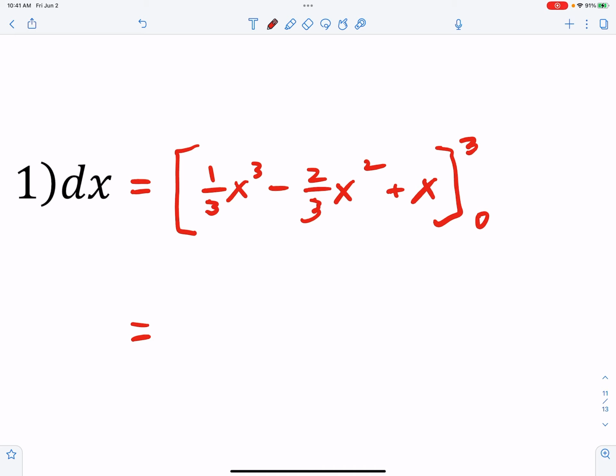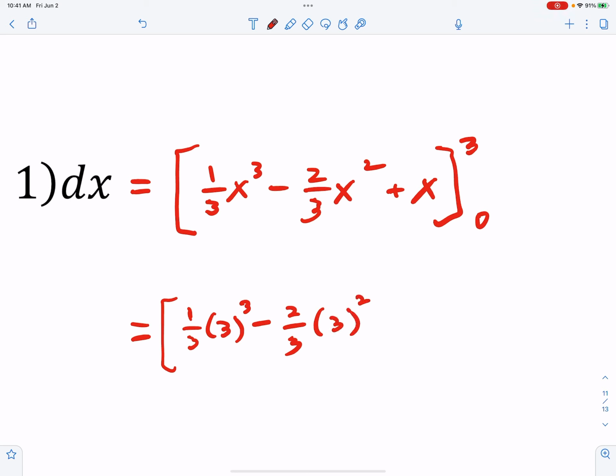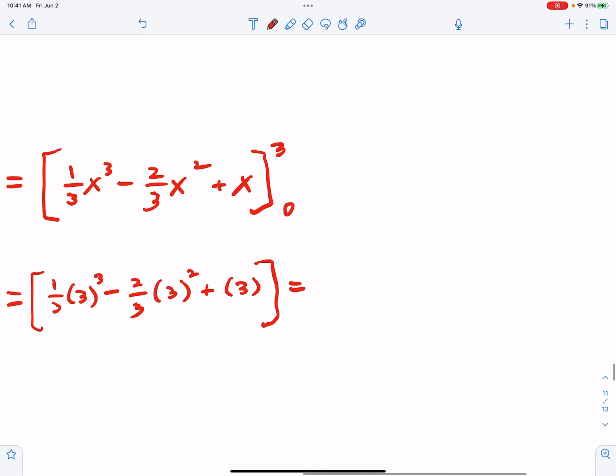So then applying the first fundamental theorem of calculus, that will be 1/3 times 3 cubed minus 2/3 times 3 squared plus 3. So that's f of 3. And then minus f of 0.